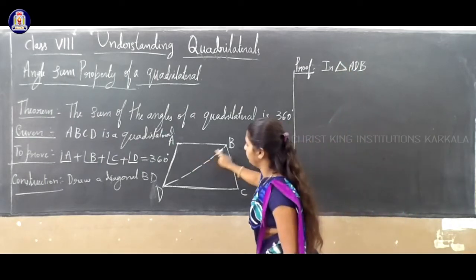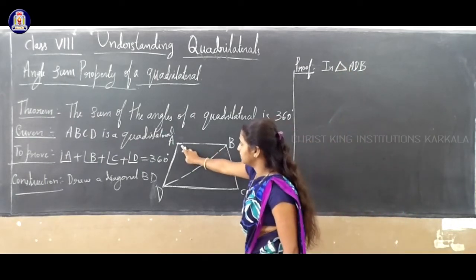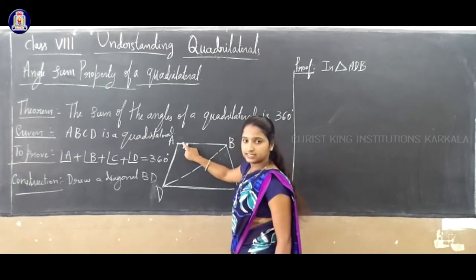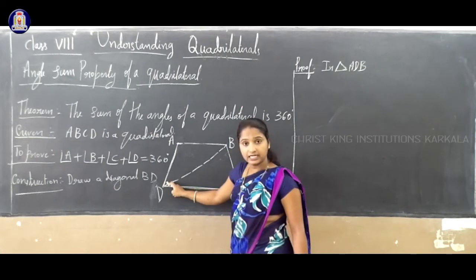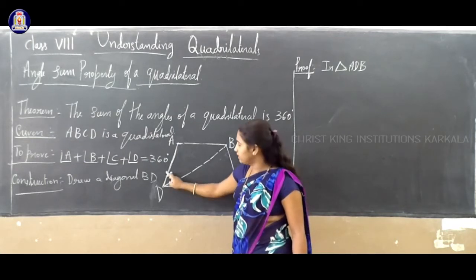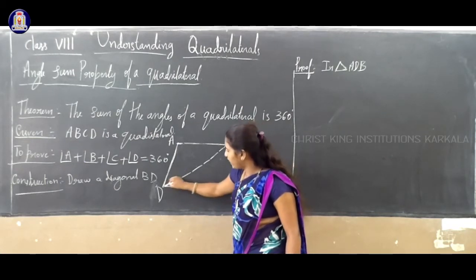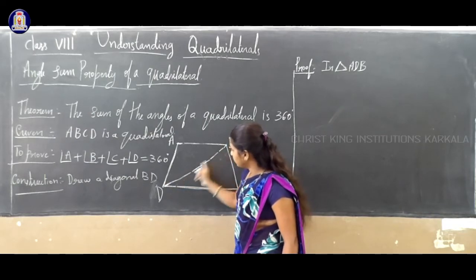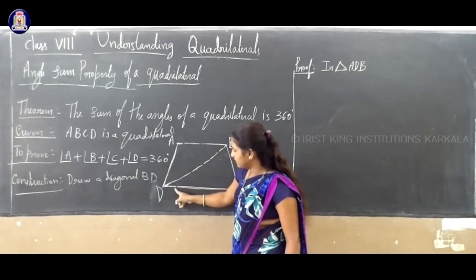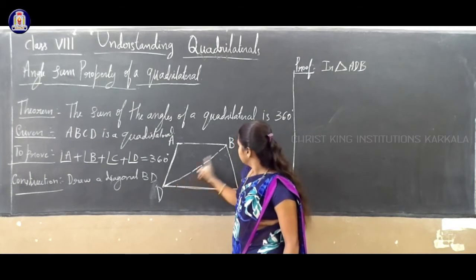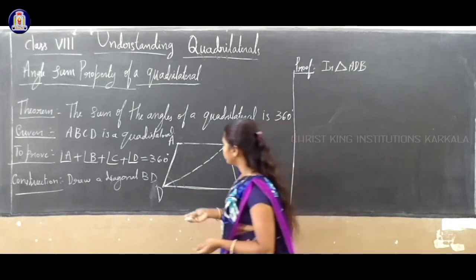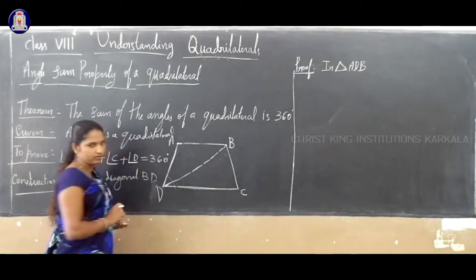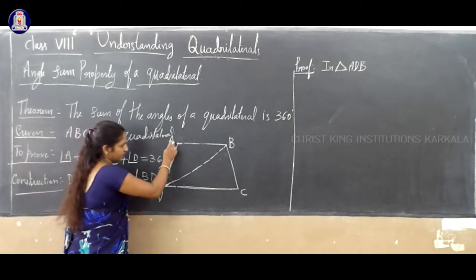See ADB. How many angles are there here? One is angle A. But here the angle is bisected by the diagonal BD, right? So now we cannot say this is angle D. Now we can read it like this.